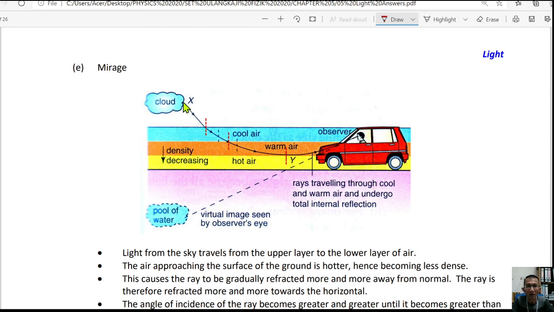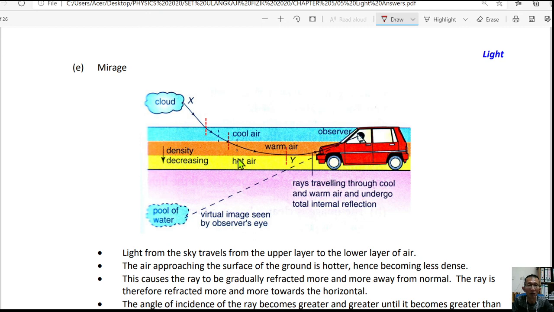As the light ray goes down, it is entering from cooler air to hotter air. At the surface of the earth, the air is hot. When the air is hot, the distance between the particles is much further. So when the distance is further, what happens to the density? The density will become less.